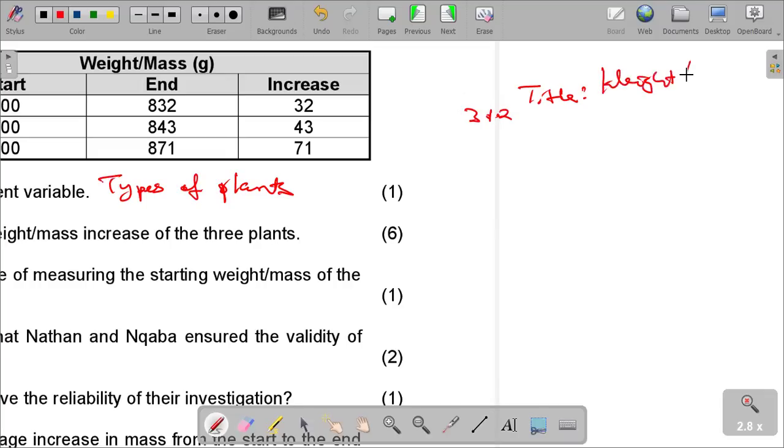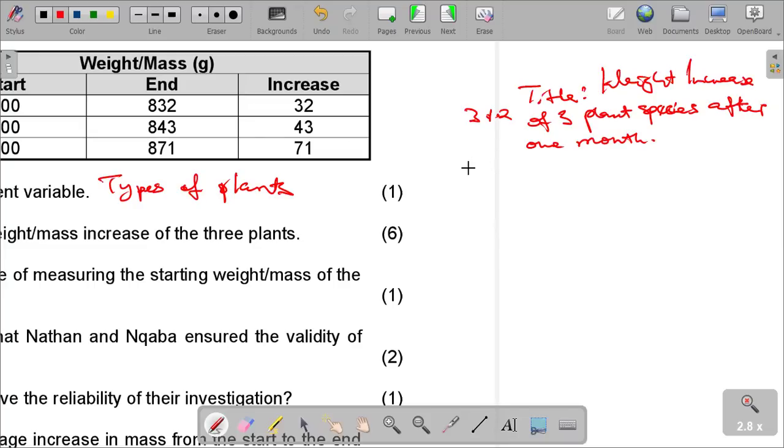Weight increase of three plant species after 1 month.